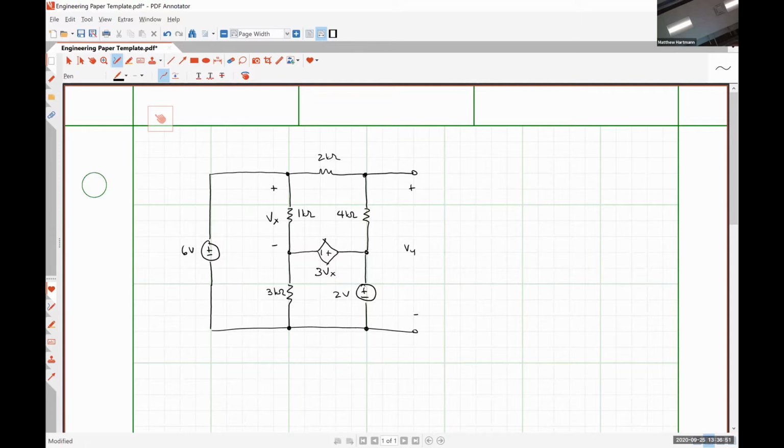So hopefully some of you guys watched the lecture. What is the first step that you should do when performing nodal analysis? Yeah, identify our nodes, all right?